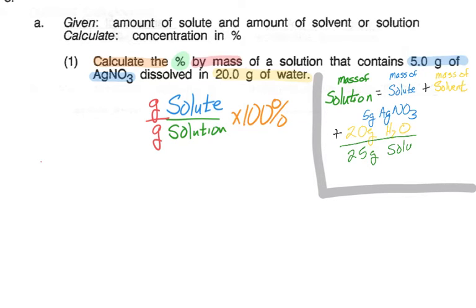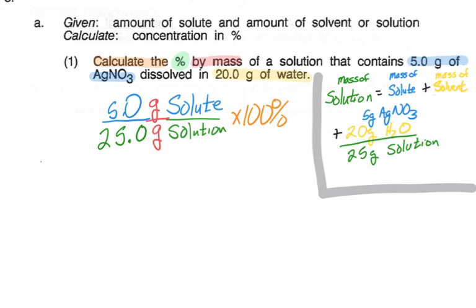According to our calculation, solute goes on top. So we put our 5 grams of AgNO3 on top, and on the bottom we should have our solution, the 5 grams of AgNO3 and the 20 grams of water, to get to our 25 grams of solution on the bottom.